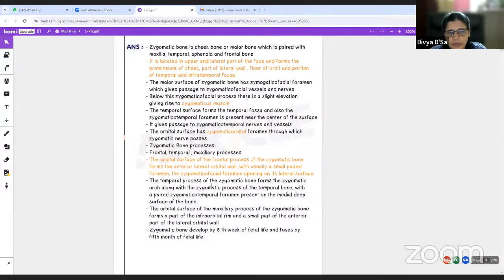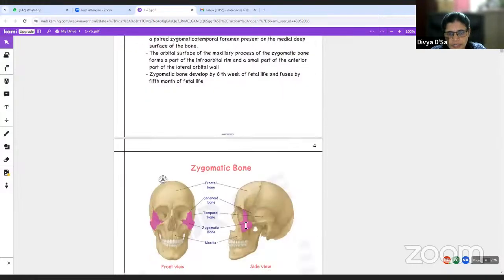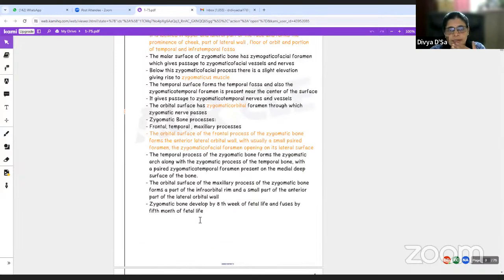The zygomatic bone has 3 processes. You can see here the frontal process, the temporal process, and the maxillary process. The part which is coming upwards will be the frontal process, and here will be the temporal process.